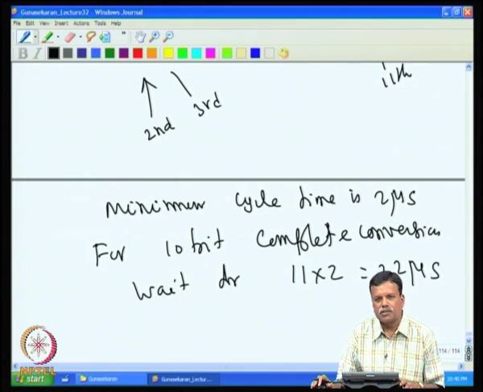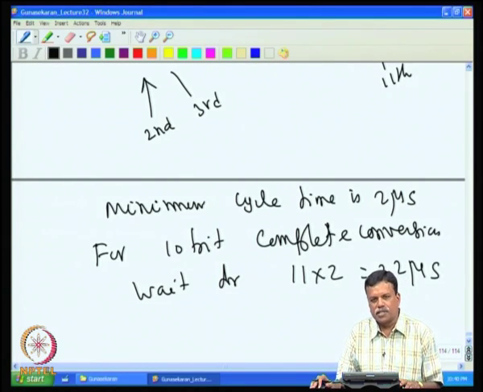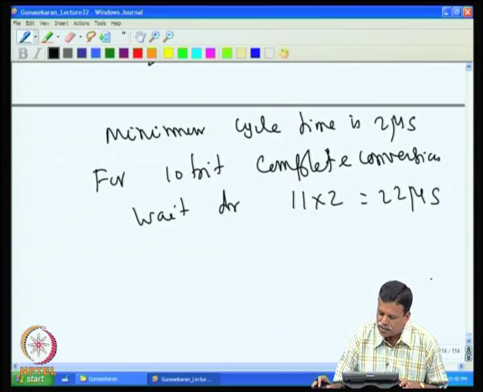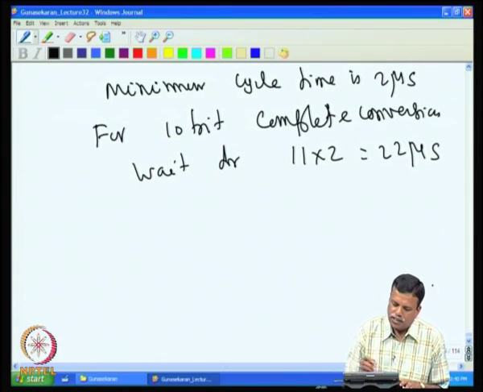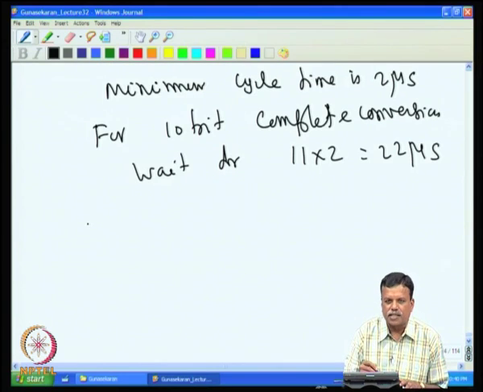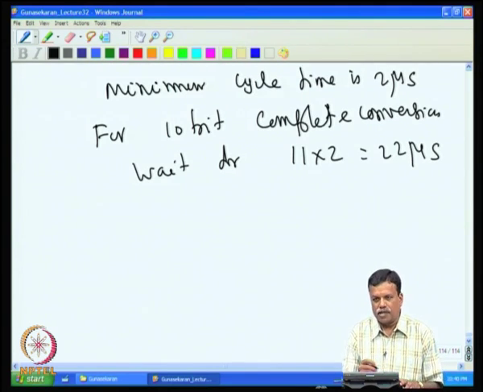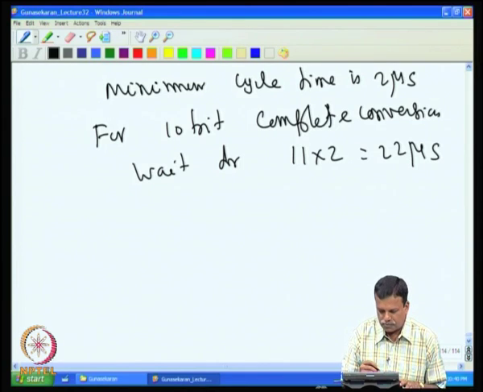At the end of the 22nd microsecond, the conversion is over, and then invariably the interrupt flag is set. The conversion completion will be known by that, or I can wait for this much amount of time, and then also I can read the contents from the register.